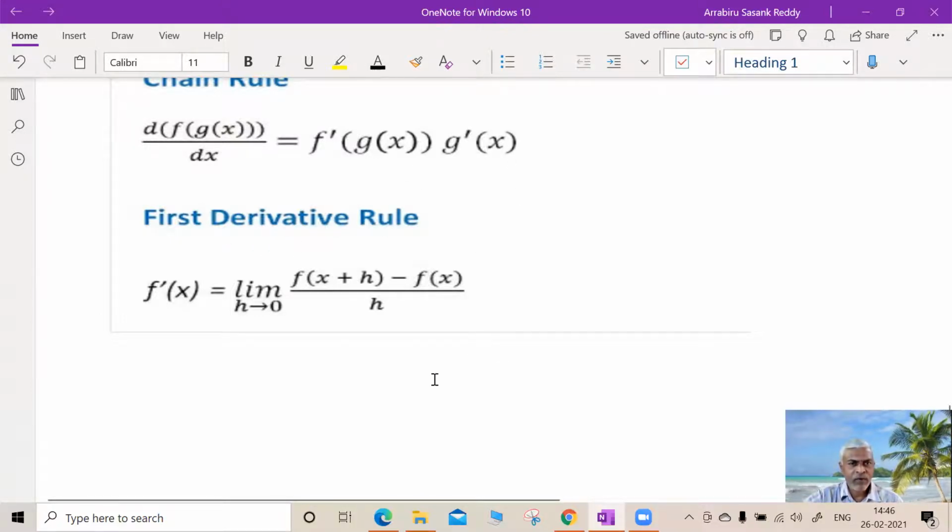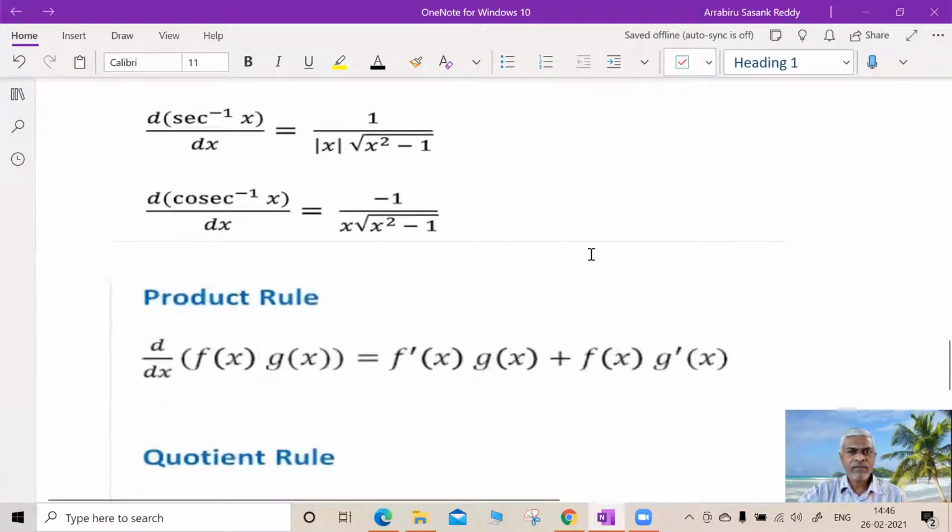First derivative rule: f dash x is equal to limit h tends to 0, f of x plus h minus f of x by h. First principle, differentiation derivative first principle.